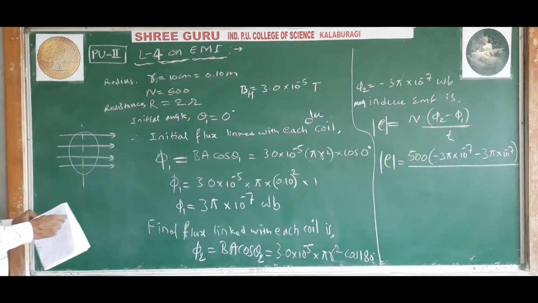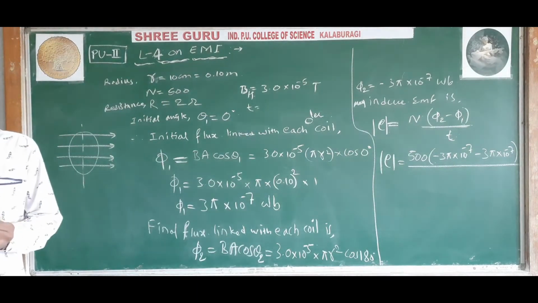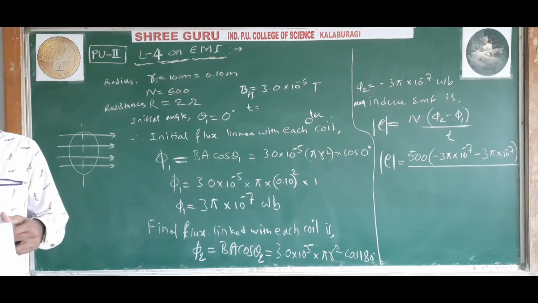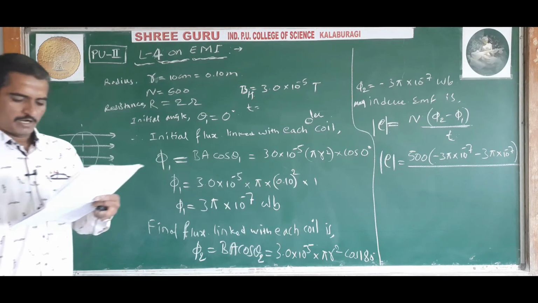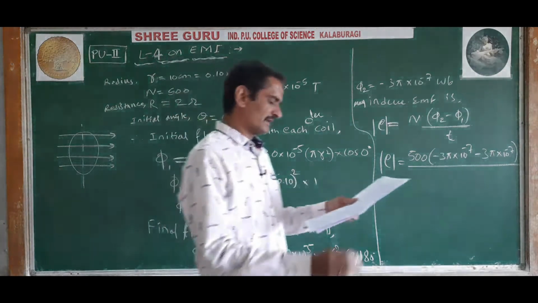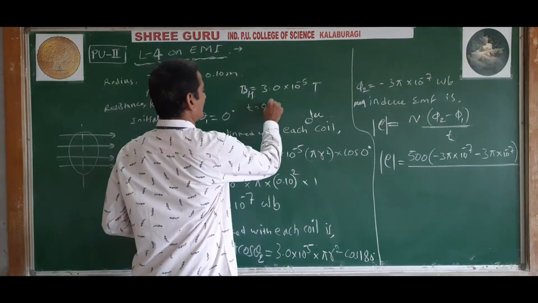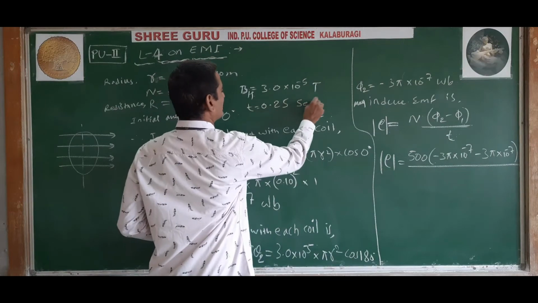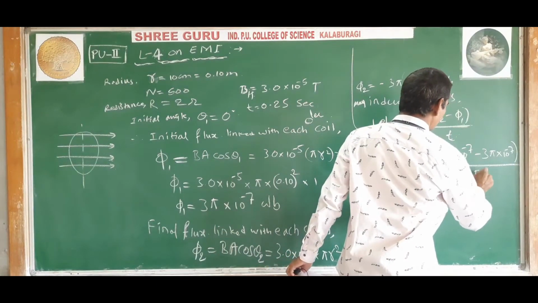Time taken for this rotation is how much? It is given. Read the question. It is rotated about its vertical diameter through 180 degrees in 0.25 second. Time taken is 0.25 seconds.